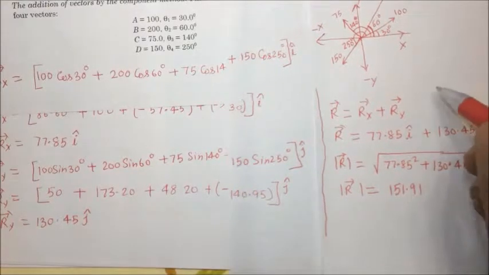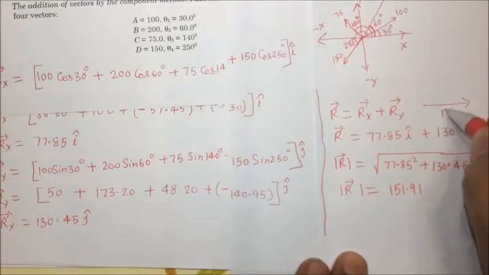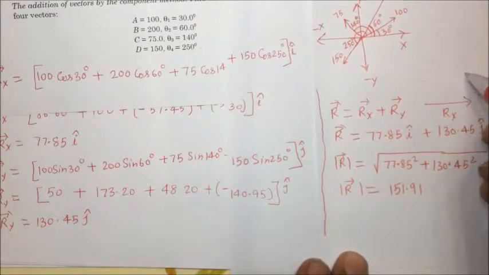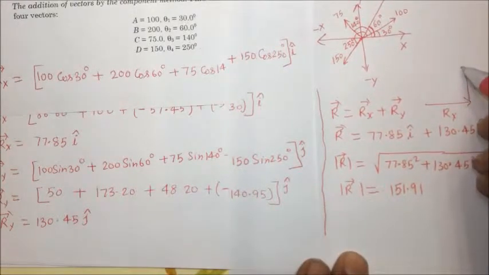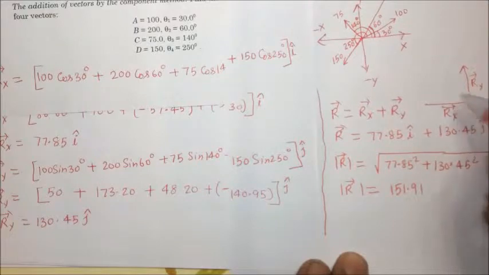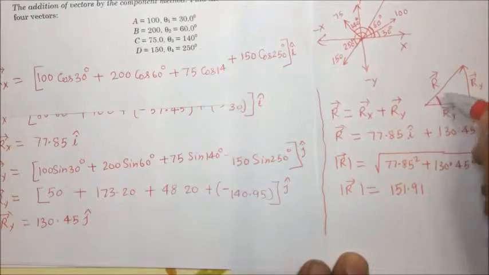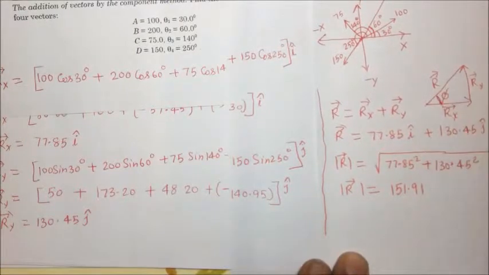So you have vector Rx and vector Ry and vector R. The sum of Rx and Ry is R, and we can find this angle. Suppose this angle is phi. We can calculate this angle phi.